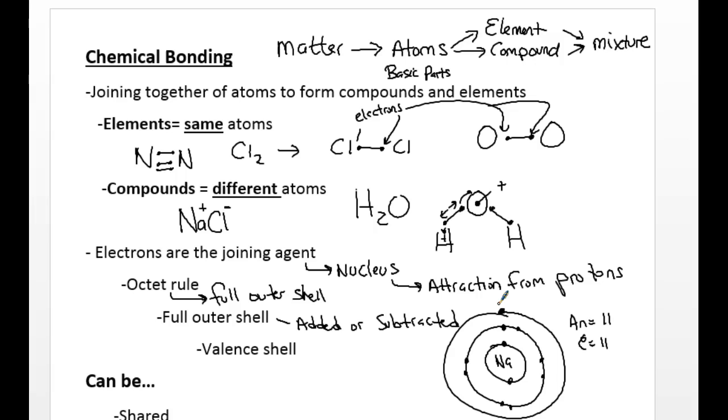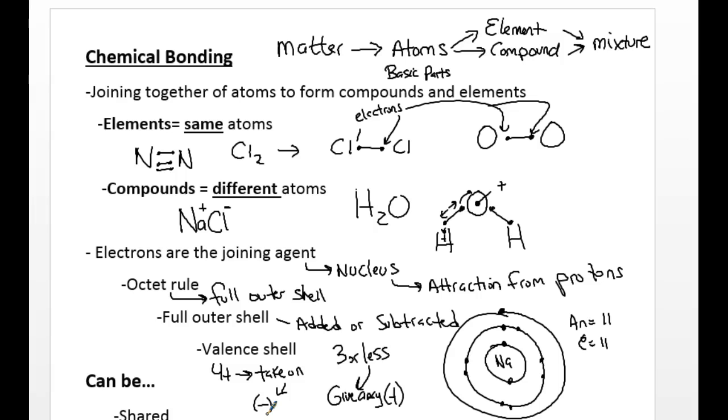So the general rule is if it has 3 or less, it's going to give off electrons, and then it's going to form a positive ion. And more than 4, I'm going to erase this, actually we'll go over here, 4 plus, it's going to take on electrons and form a negative ion.